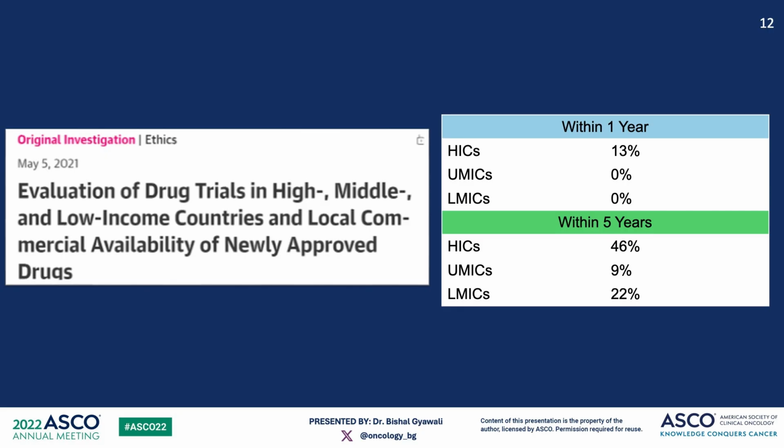In this particular study that I am showing here, they looked at drugs that had trials conducted in LMICs and got approved by the FDA, and they looked at whether patients had access to these drugs in the participating countries. Within 1 year, 0% of LMICs had access to these drugs. Within 5 years, it was 22%.